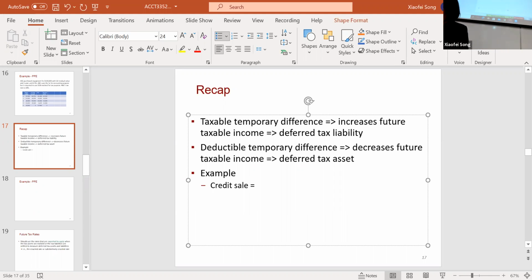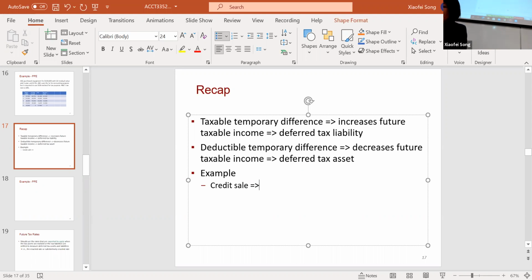Does this give rise to a taxable temporary difference or deductible temporary difference? Taxable, because when the credit sale gets collected, you have to pay tax on those amounts, right? So the collection in the future will increase taxable income.